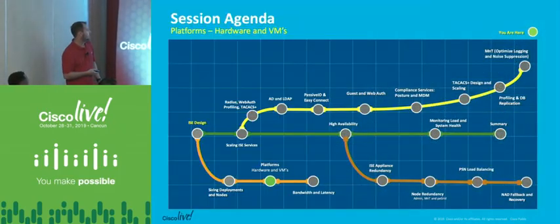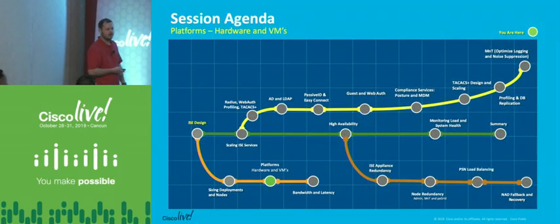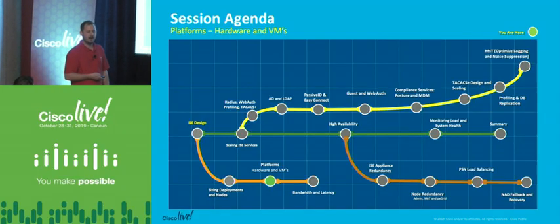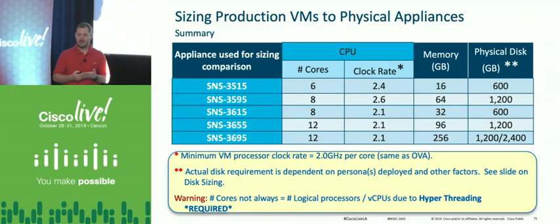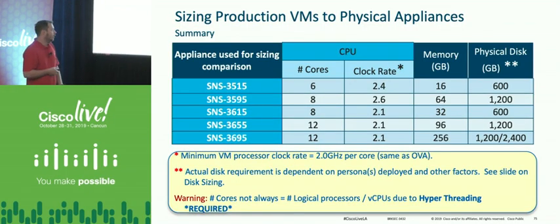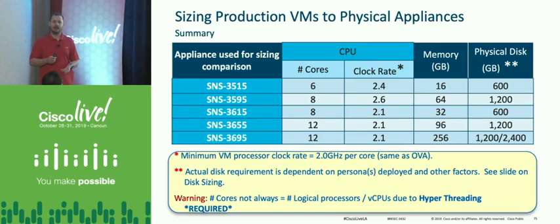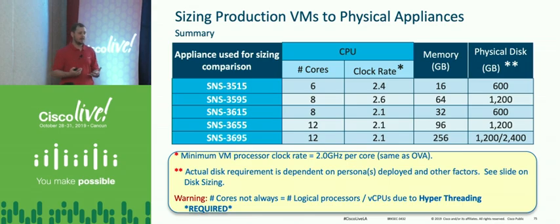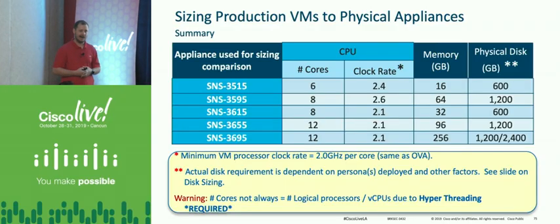Oh, went too fast. So platforms, hardware, and VM: this is another area that, from an advanced topic point of view, we run into quite a bit. And one of the key things here is the VMs for ISE kind of make a lot of our data center or server admins really mad at us. Why?